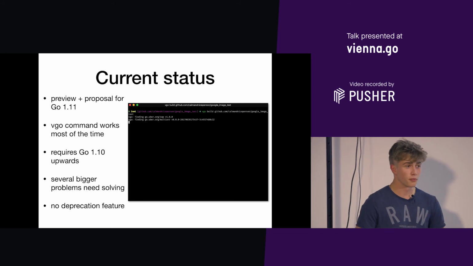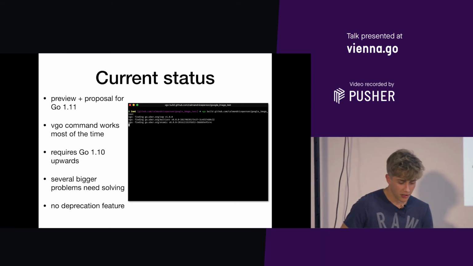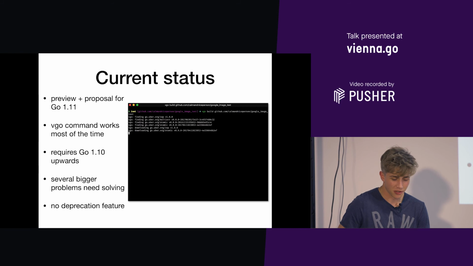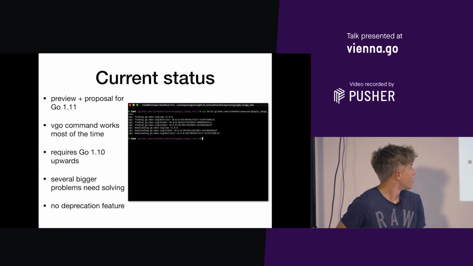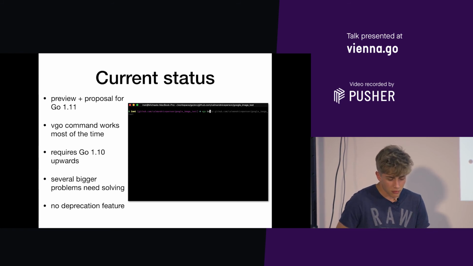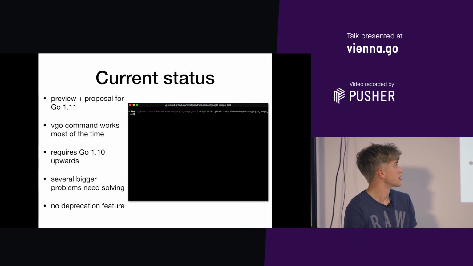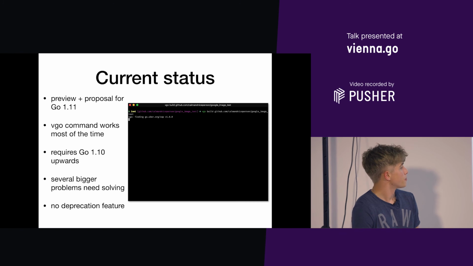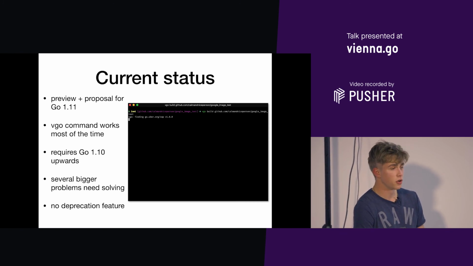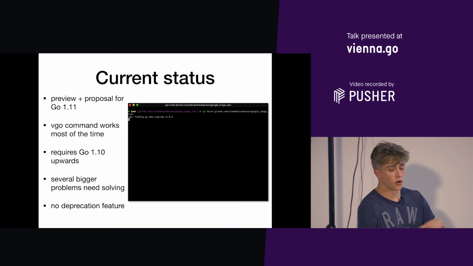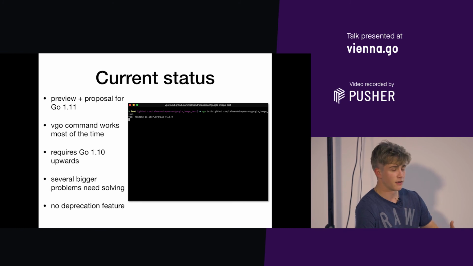It requires Go 1.10 and upwards, so you have to upgrade. But as soon as it's included in Go, you will have to use it anyway at some point. Because the current plan is to introduce Vgo into Go 1.11 and then let the developers give feedback to it and finalize it until Go 1.12.